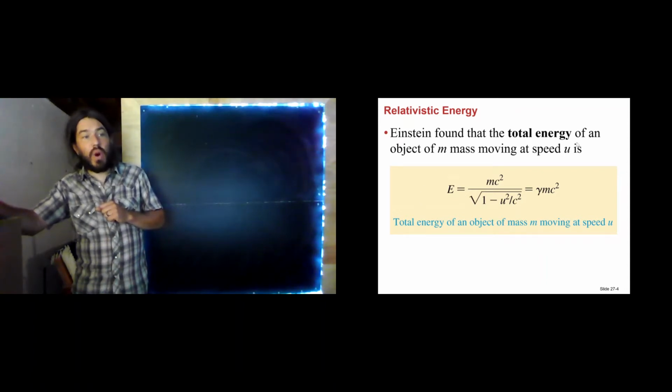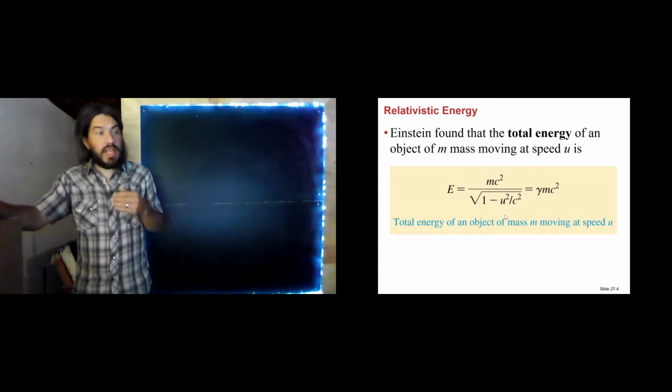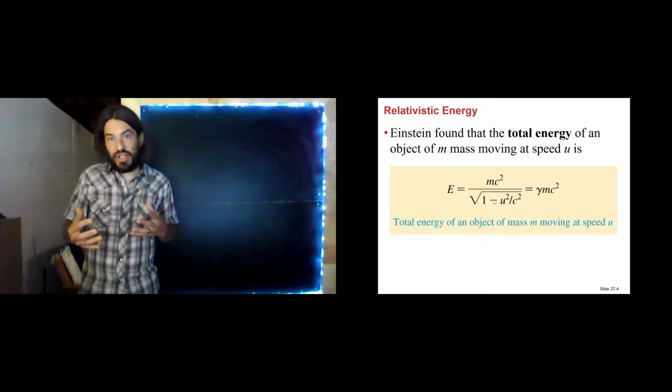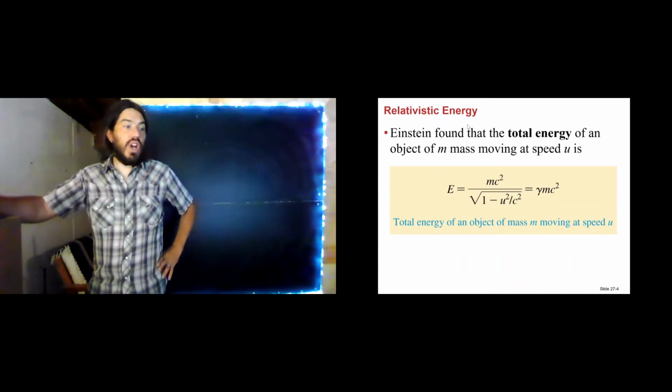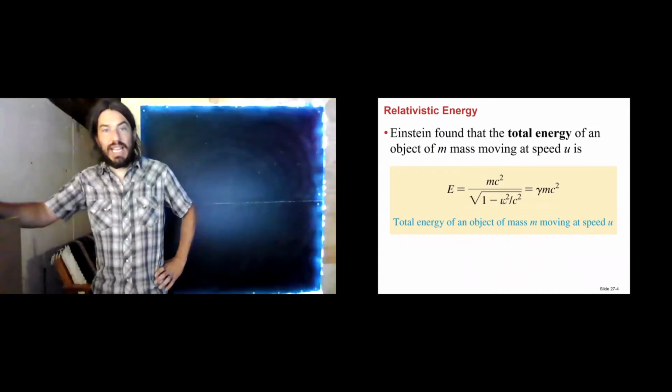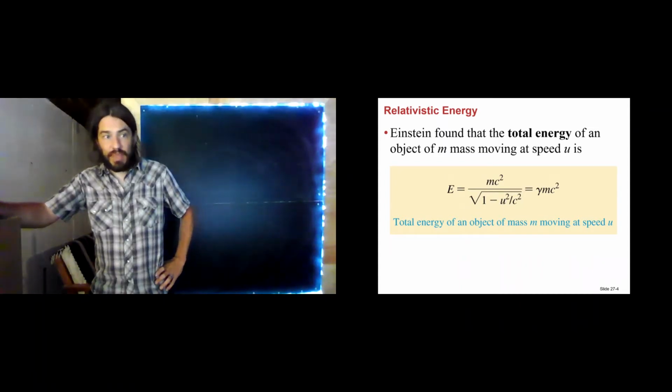So Einstein found that the total energy of an object of mass m moving at speed u is given by this equation here. Again, this is not a transformation of energy from one reference frame to another. Rather, if we know the velocity of some object in a reference frame, then we can calculate its total energy of a mass m moving at speed u.